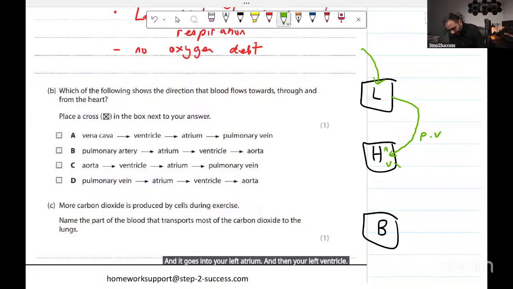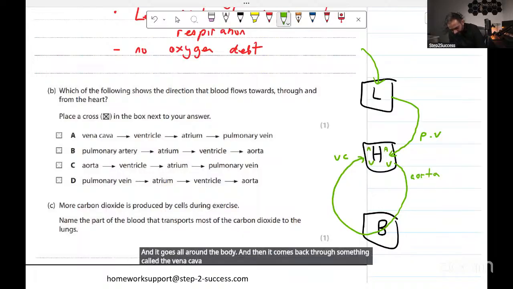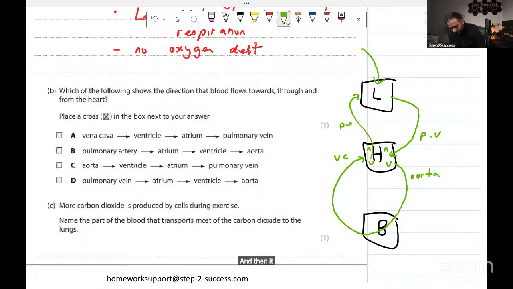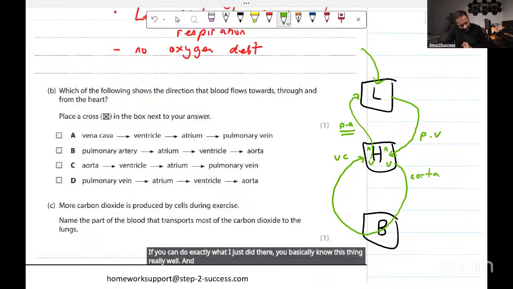It's then pumped out of there through something called the aorta. And it goes all around the body and then it comes back through something called the vena cava into the right atrium, then the right ventricle, and then it's sent back to the lungs through the pulmonary artery. If you can do exactly what I just did there, you basically know this thing really well. And I think that should answer all of the questions, hopefully.